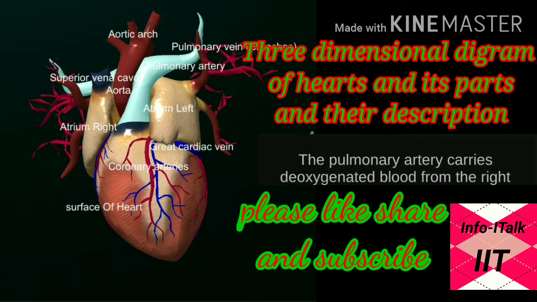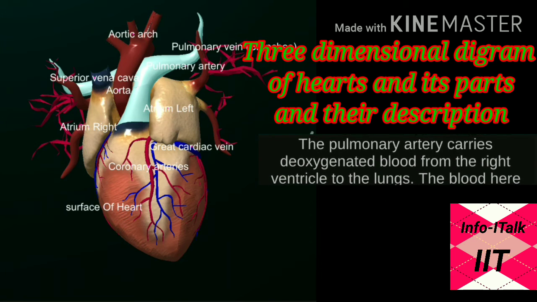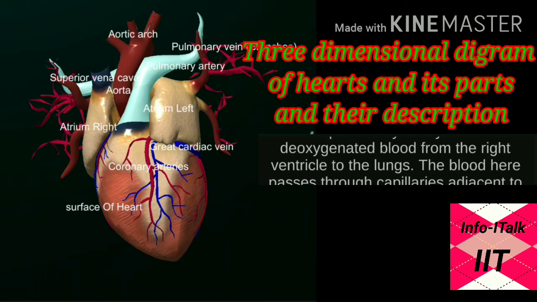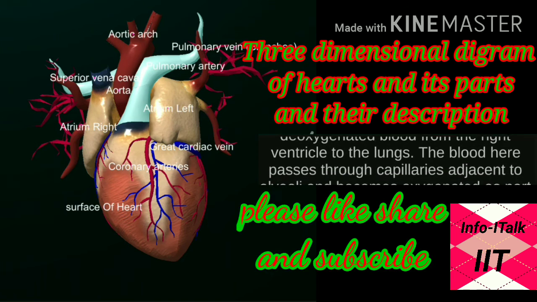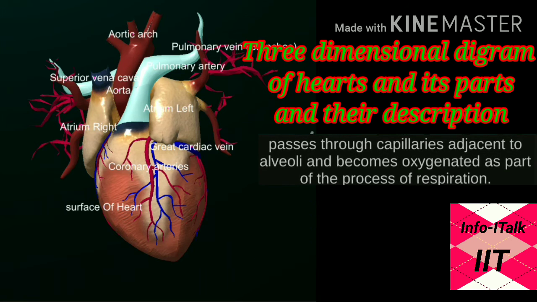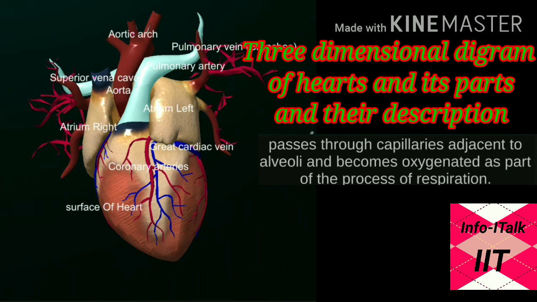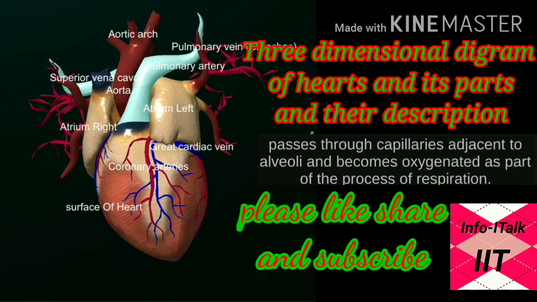Its function: the pulmonary arteries carry deoxygenated blood from the right ventricle to the lungs. The blood here passes through capillaries adjacent to alveoli and becomes oxygenated as a process of respiration. Okay.